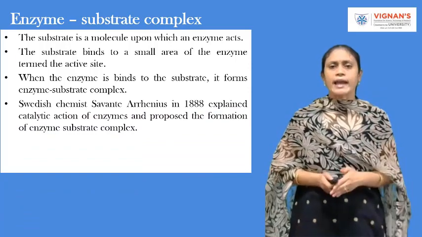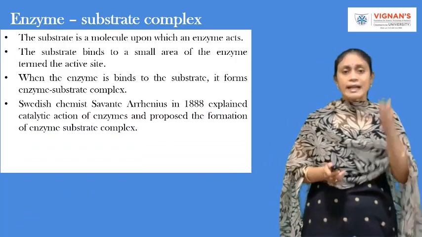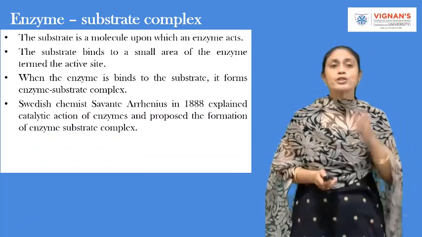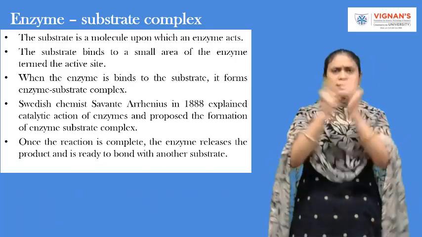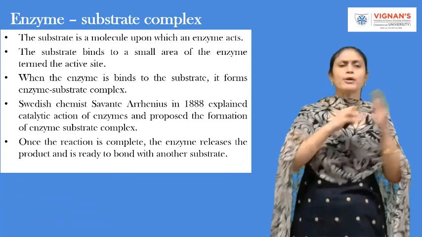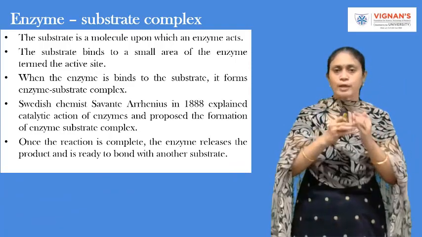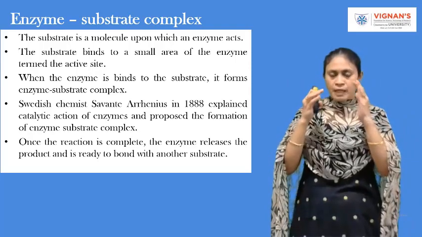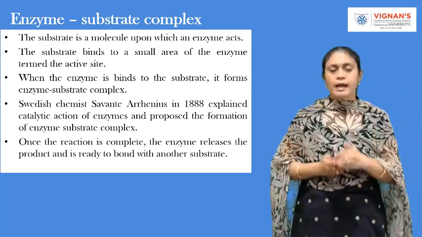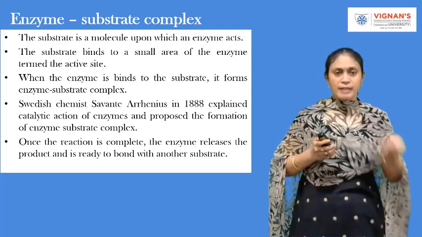Arrhenius in 1888 explained the catalytic action of enzymes and proposed the formation of this enzyme substrate complex. Once this complex is formed, a number of bonds in the reactants will be broken, and a number of new bonds in the products will be formed, ultimately leading to the release of the product, and the enzyme will be released back.